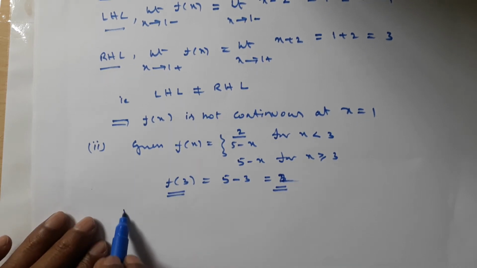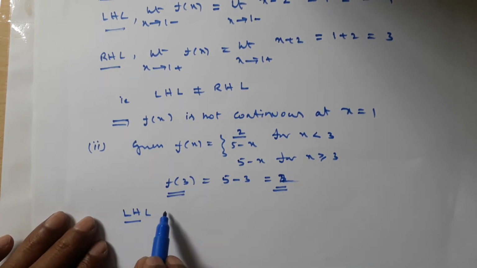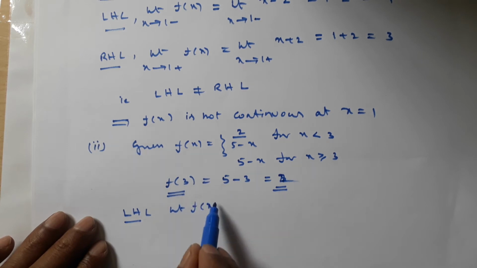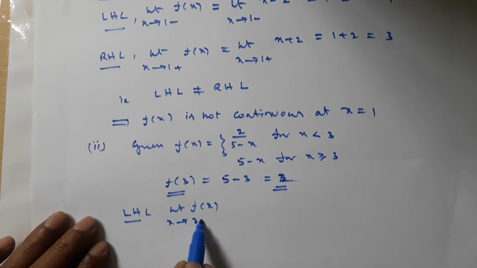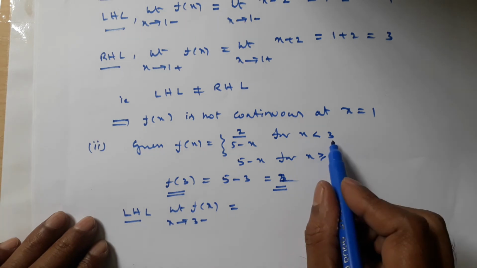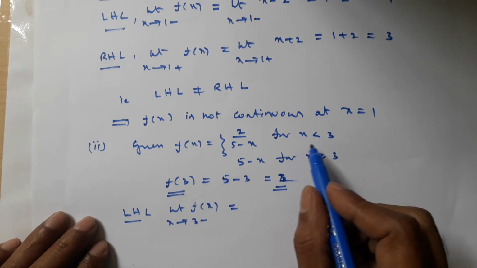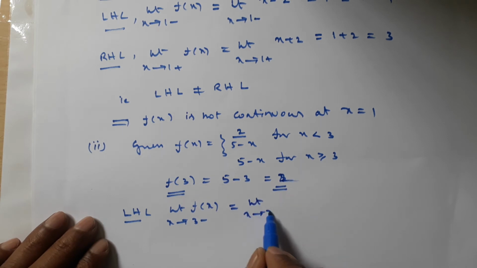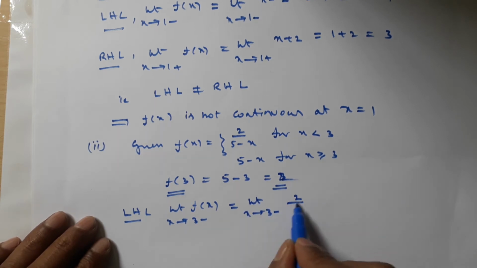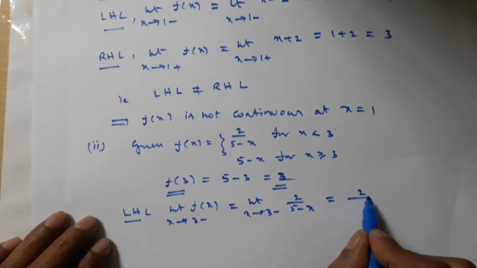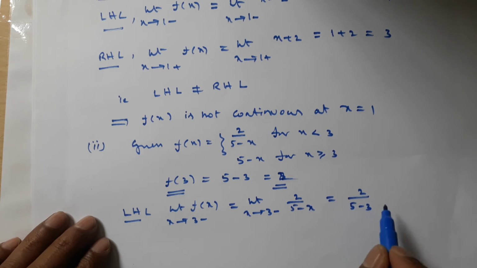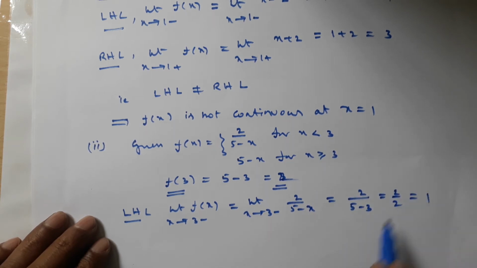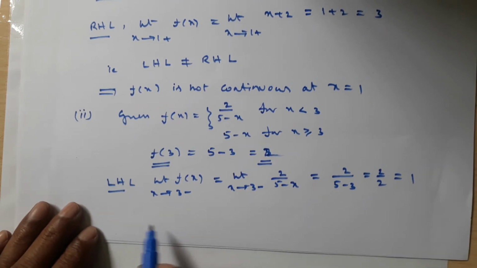So for this LHL, limit f of x as x tends to 3 minus, x less than 3, the function was defined 2 by 5 minus x is equal to 2 divided by 5 minus 3 is equal to 2 by 2 is equal to 1. So LHL value is 1.